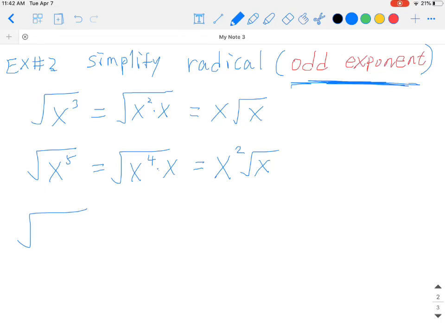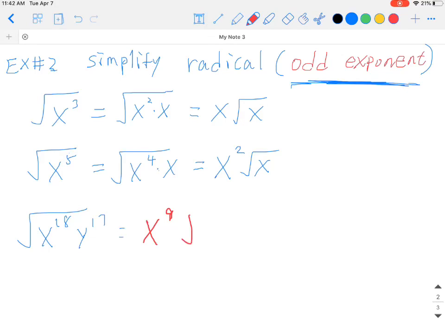Let's try this: x to the 18, y to the 17. First of all, x we can take out because it's an even exponent, so it becomes x to the 9.